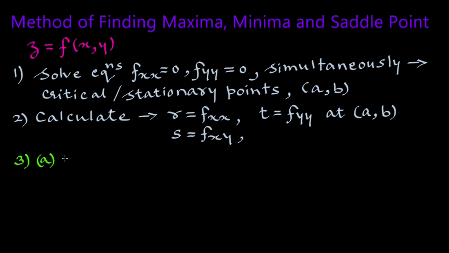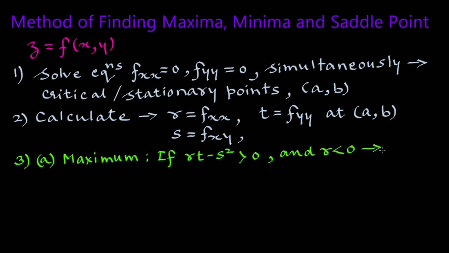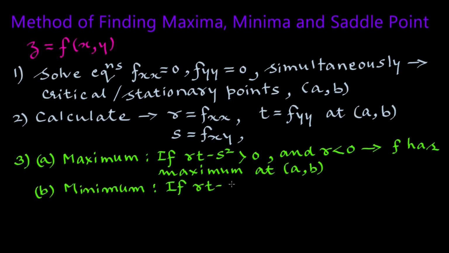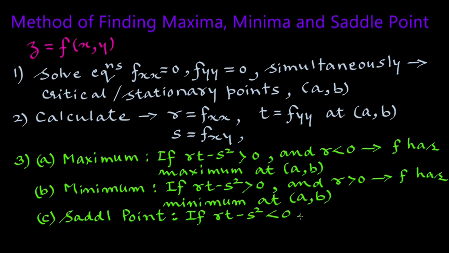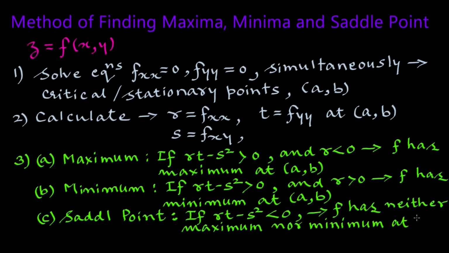Number 3, z is maximum if rt minus s squared is positive and r is negative, then f has maximum at (a, b). B, minimum if rt minus s squared is positive and r is positive, then f has minimum at (a, b). C, saddle point: if rt minus s squared is negative, then f has neither maximum nor minimum at (a, b).